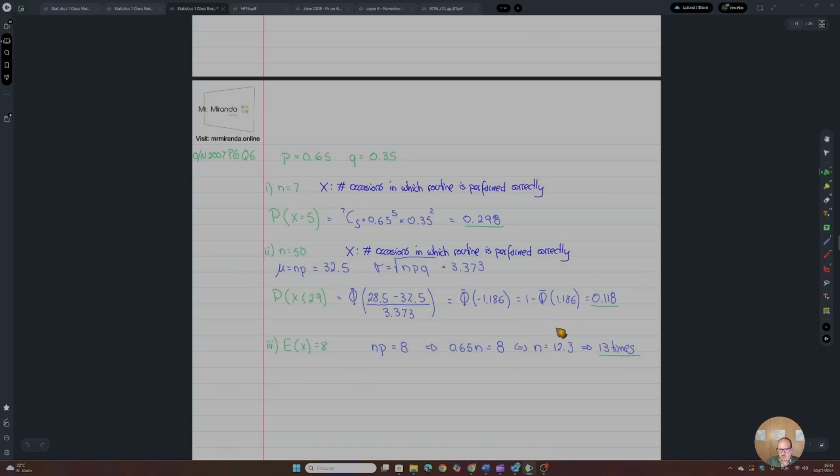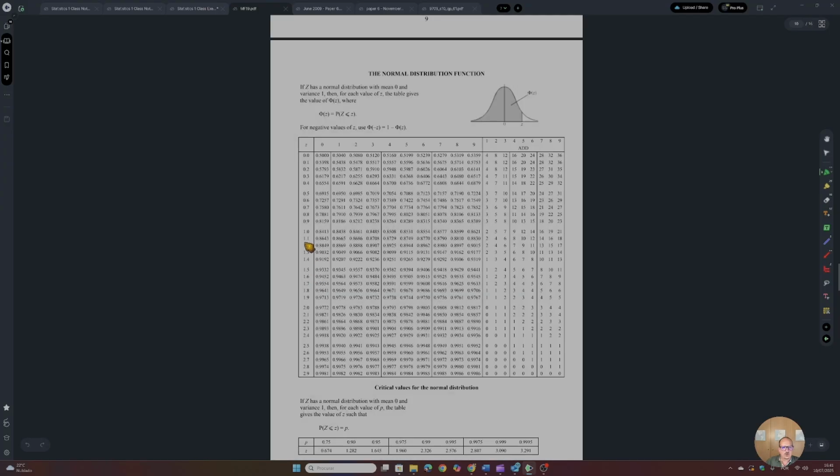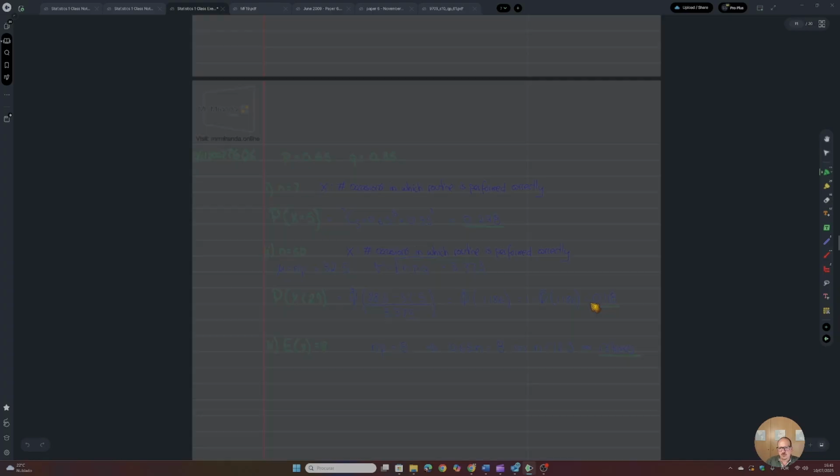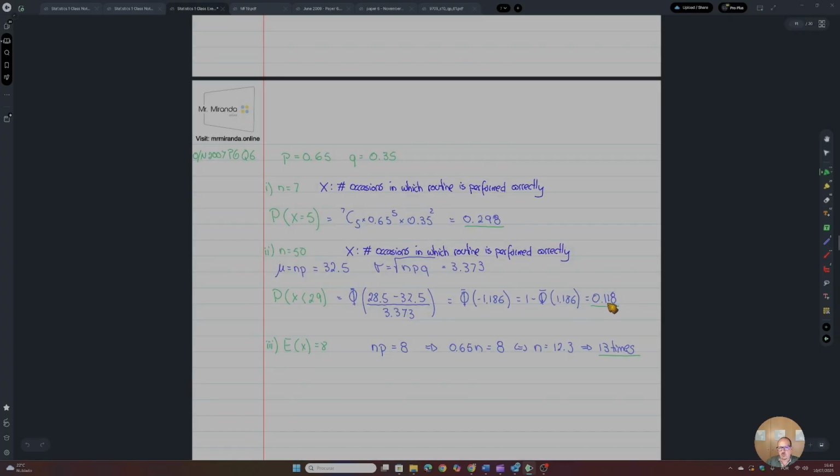Let me see the value again. 1.186. Yes, that's it. 0.88, you have to add 12 over there, so 0.8822, rounded to 3 decimal places is just 0.882.